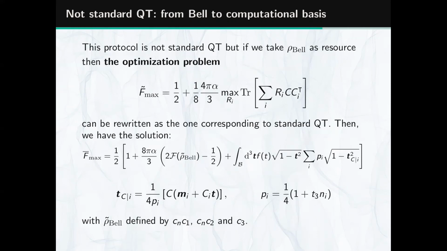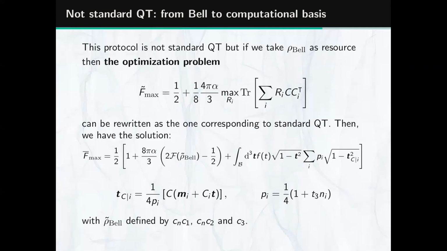The good news is that if you take as resource the Bell diagonal states, you can rewrite your optimization problem as the same as the standard quantum teleportation protocol, if you change your resource suitably, taking this new resource.